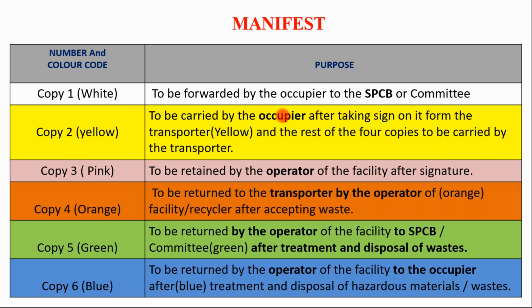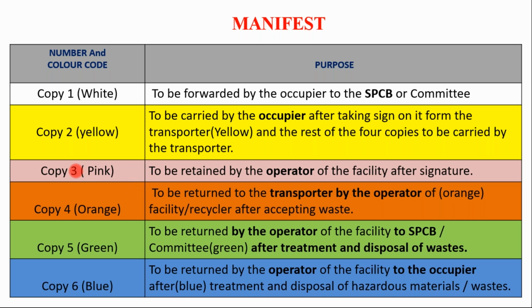So this yellow copy should be kept by the occupier after taking the signature from the transporter, and the white copy is given to the SPCB. Now the remaining 4 copies should be carried by the transporter. These remaining copies are 3, 4, 5, 6.